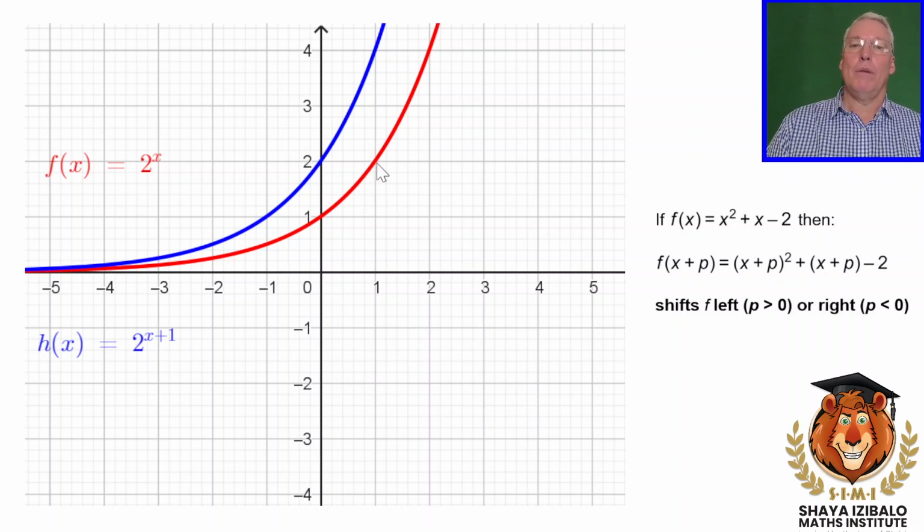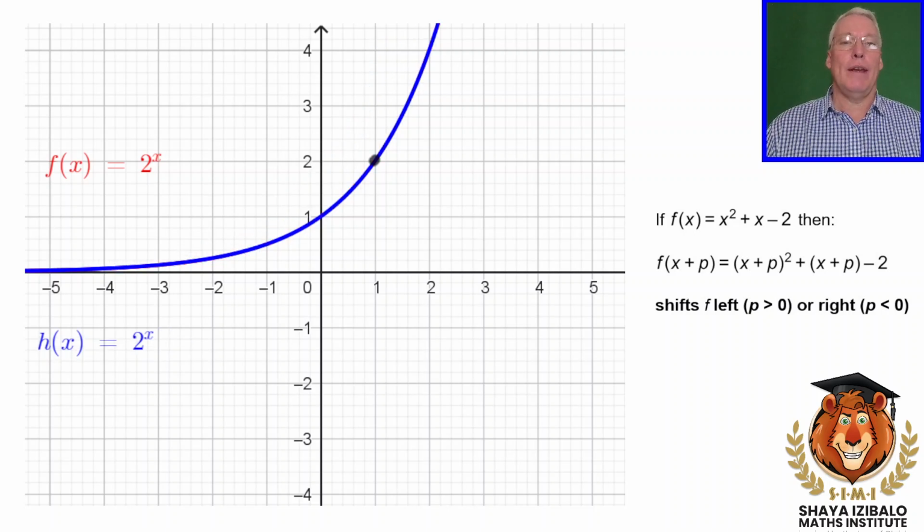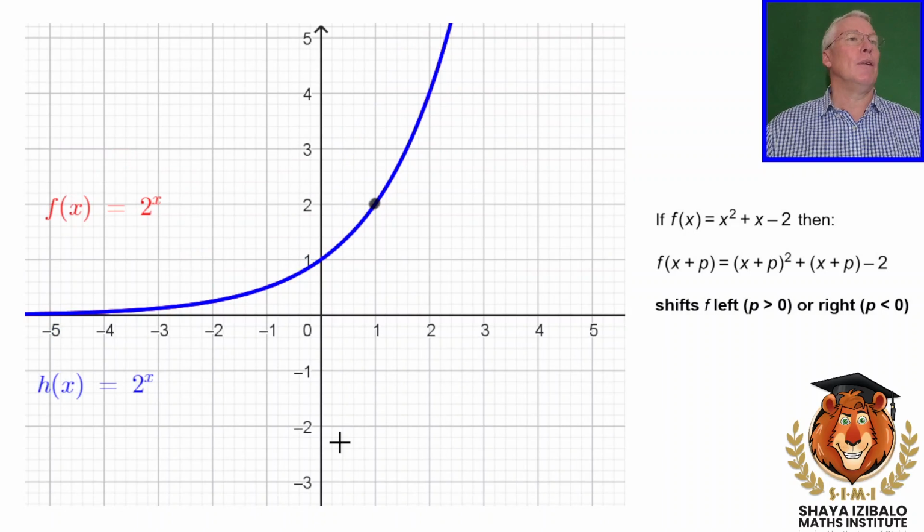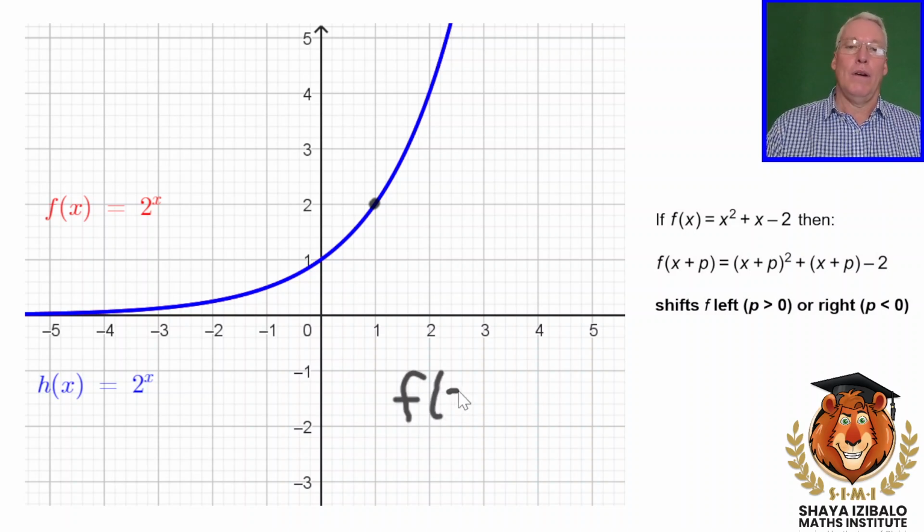Okay, let's look now at that same point. We know that when we put 1 into the red function, we get 2 out. But what if we drew the function f of x minus 3?